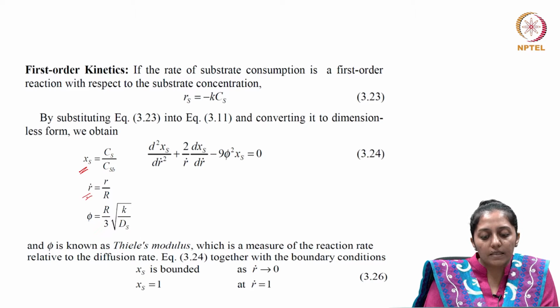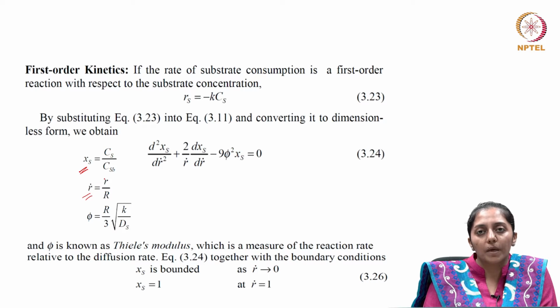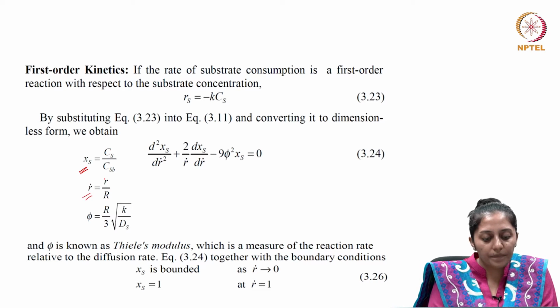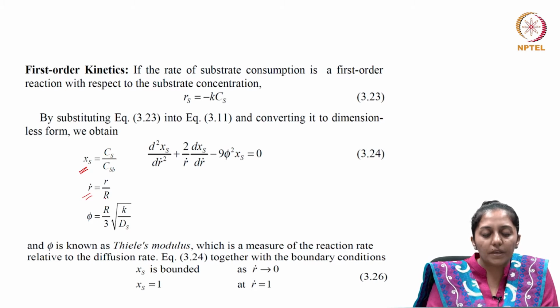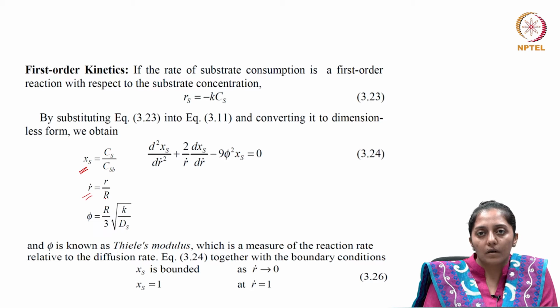Now, xs is a dimensionless variable, the ratio of Cs to Csb, where Csb stands for bulk substrate concentration. r dot is the ratio of small r to capital R, where capital R was the radius of the pellet or that immobilized shell, and small r is the distance travelled by the substrate from the center.